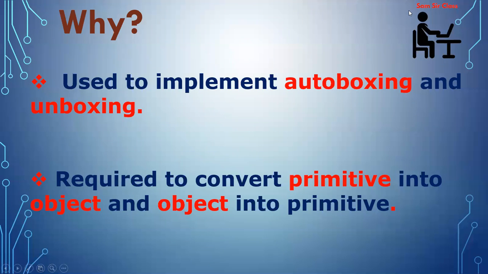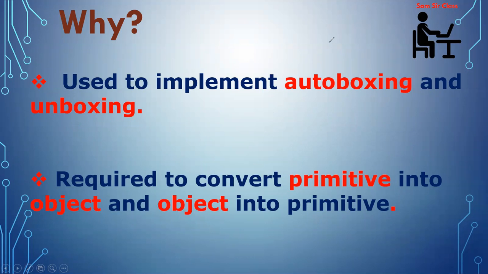By using wrapper classes, we will deal with very important concepts like autoboxing and unboxing. What is the meaning of these two keywords? We'll see that in a later slide. Normally it is required to convert a primitive data type to an object, and also an object to a primitive data type.